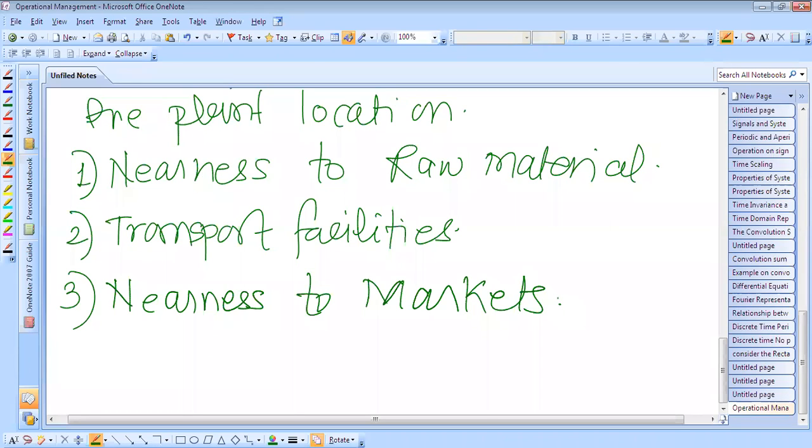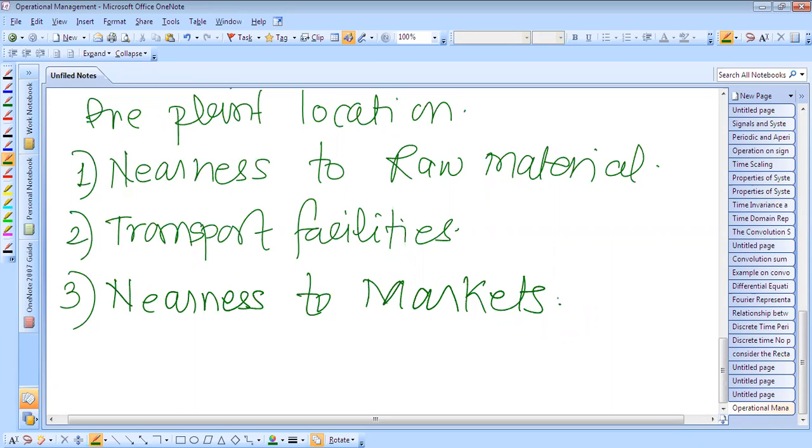Whatever raw materials you purchase and transport to the plant, you then prepare the finished goods, and those goods you have to again distribute to the customers or in the market. So the market should also be near to your plant.